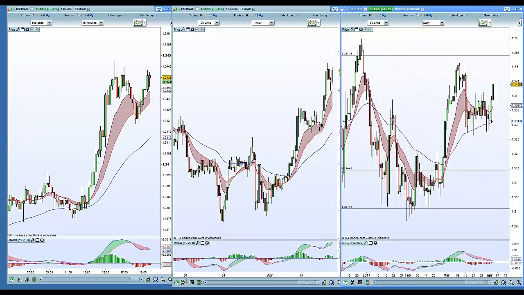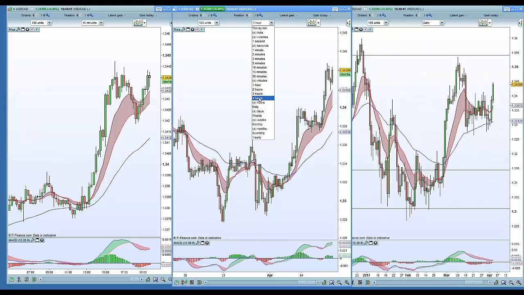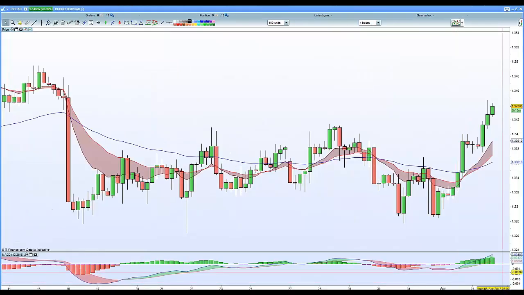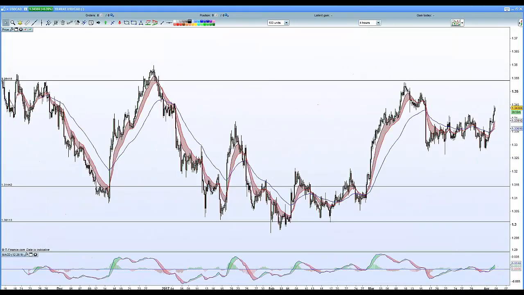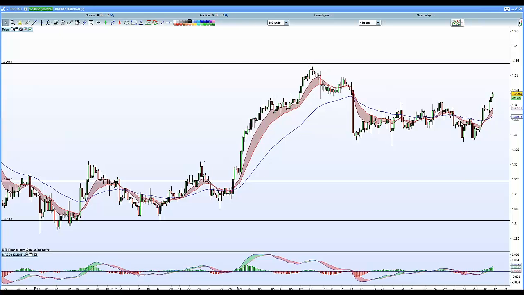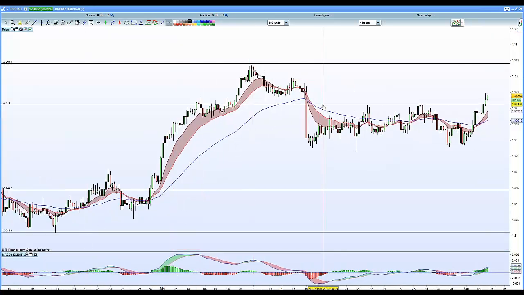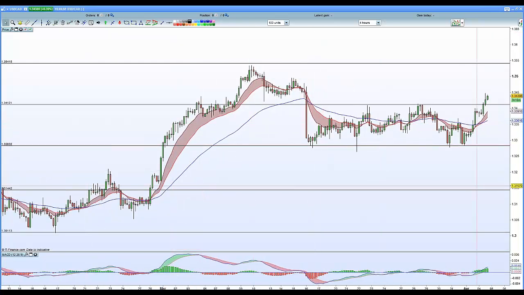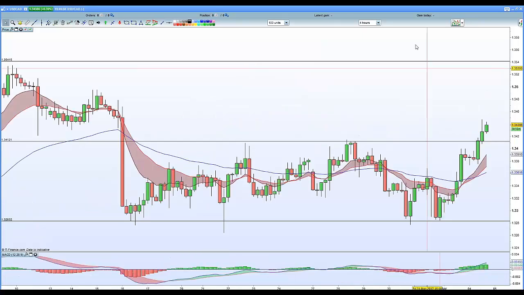So let's go to a lower time frame. Okay, the lower time frame is consolidating. It's another range. This is the range. It seems that it has broken above the resistance.